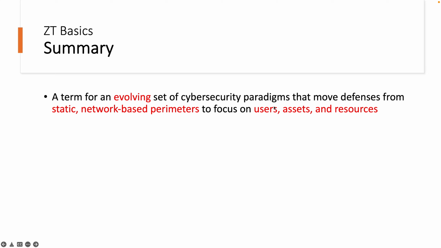So we can see the core concept of zero trust is to shift our attention from static network-based perimeters, which is the castle, to users, assets, and resources, because all these resources are not stored in the castle anymore. As for how to shift and what to do, it's still developing. We all can contribute to it.